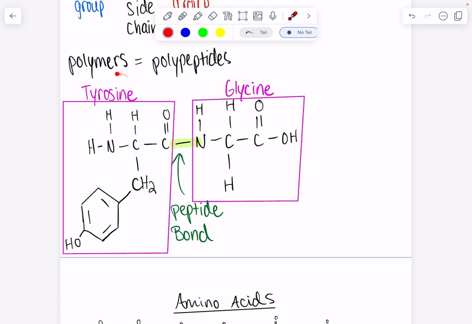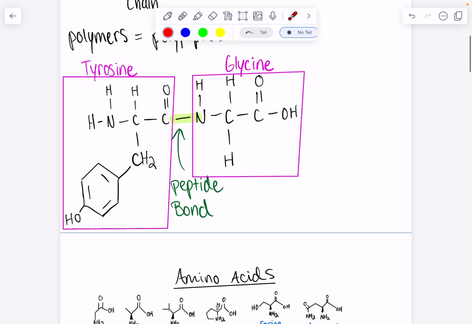We have the amino acid tyrosine and the amino acid glycine, and you can see that they are bonded by a peptide bond between the N of the amino group from lysine and the C of the carboxyl group from tyrosine. You can see that the amino acids are different because they have different side chains.